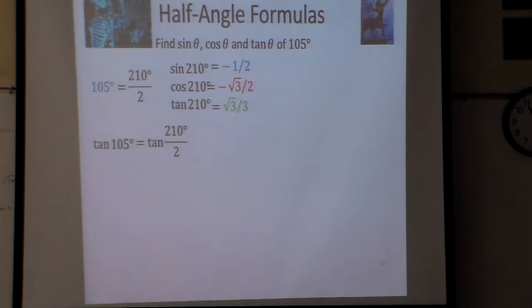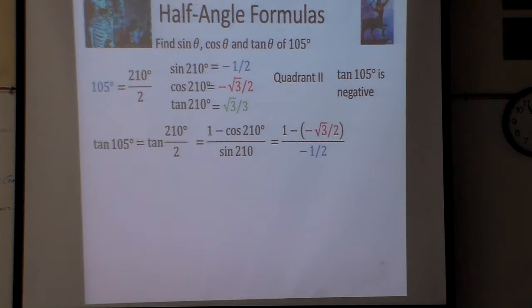And then to do tangent, tangent of 210 divided by 2. We know it's in quadrant 2, so tangent of 105 is going to be negative. So I'm going to do 1 minus the cosine of 210 over the sine of 210. I have 1 minus negative square root of 3 over 2, over negative 1/2, because sine of 210 is negative 1/2.